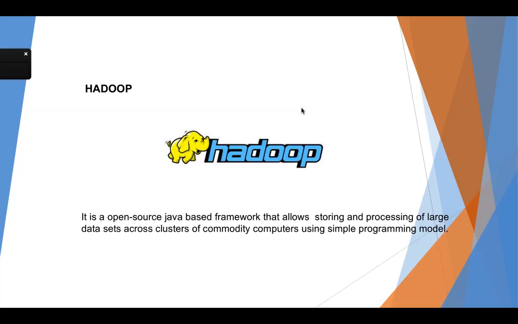Here, what is a cluster? A cluster is a collection of data nodes, a collection of computers. And what is commodity hardware? Commodity hardware means cheaper hardware, so there is no need to maintain high-end data servers where we store and process the data.